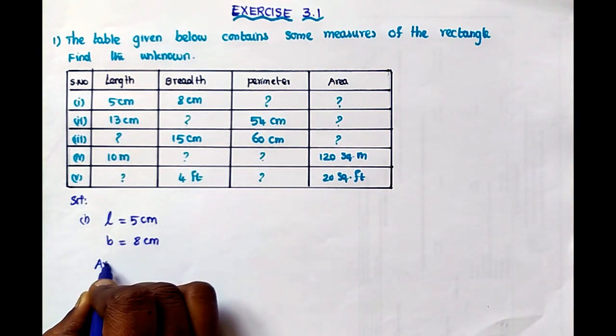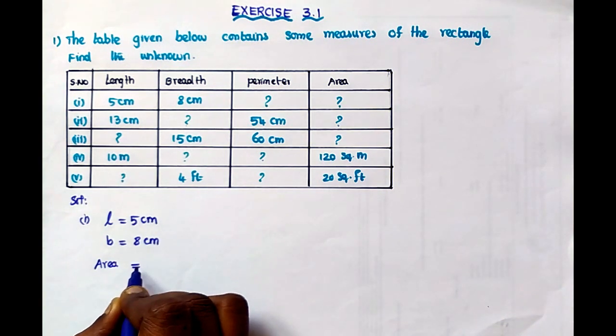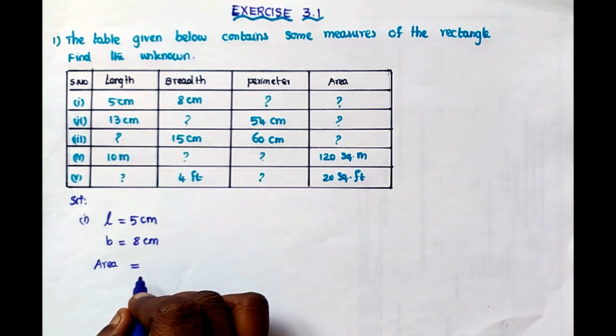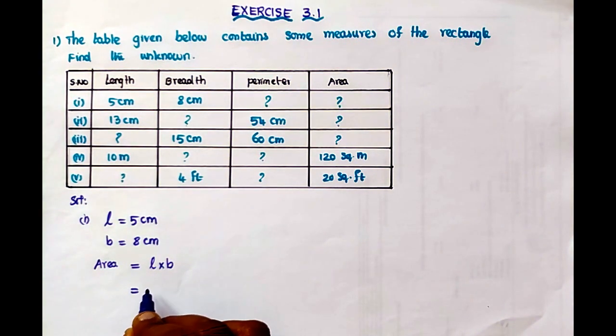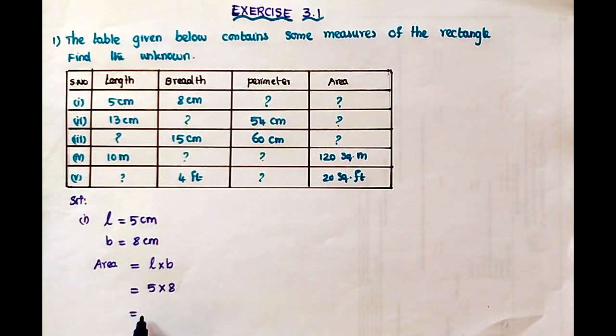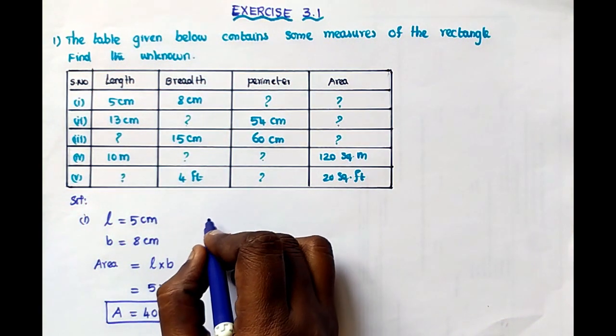What is the area formula? Area of rectangle is equal to L into B, that is 5 into 8 equal to 40 centimeter square, that is area. Next, perimeter.